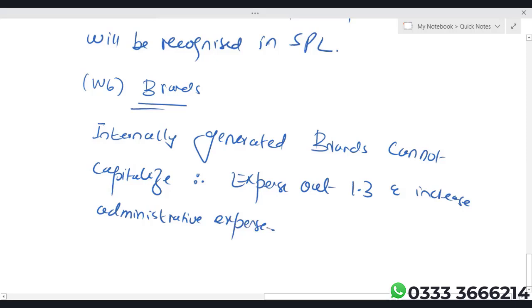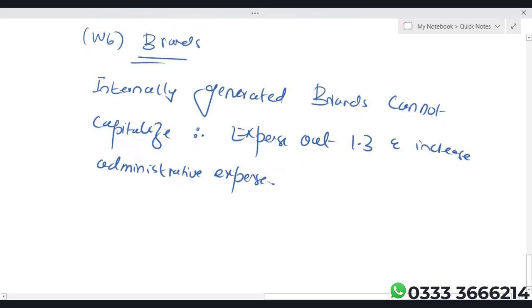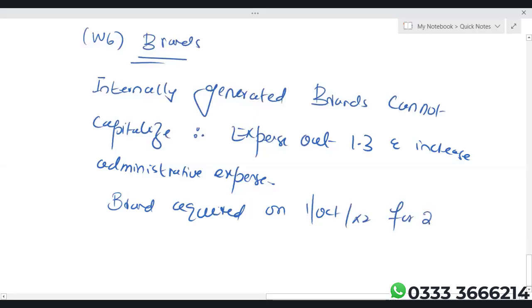Obviously, the brand acquired on 1st October X5 for 2 million should be amortized over 5 years, which is the expected life.